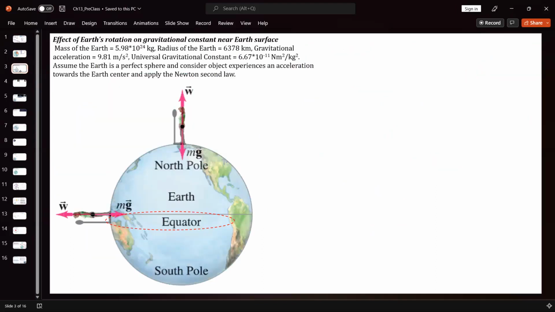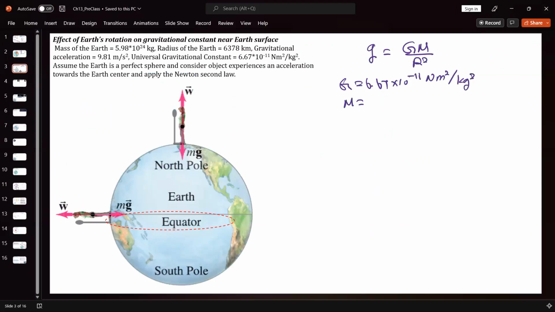Now, this is small g, and we know that should be equal to G M over R squared. We know the value of G, which is 6.67 times 10 to the negative 11 Newton meter squared per kilogram squared.